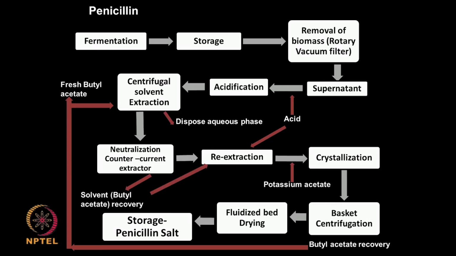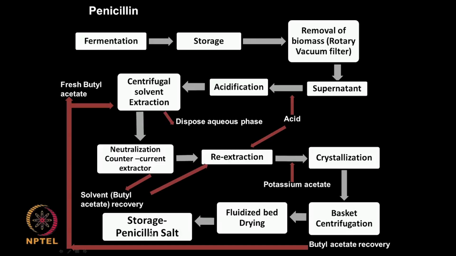Let us look at penicillin. It is one of the important antibiotics, and as you can see, the downstreams are getting more and more complicated. So, you have the fermentation again here, and then removal of biomass using a filter, and then the supernatant, you are acidifying the supernatant, you are going into a centrifugal process here, and then neutralization. Here we have the extraction, crystallization, centrifuge, finally the product is dried, you get the penicillin salt.